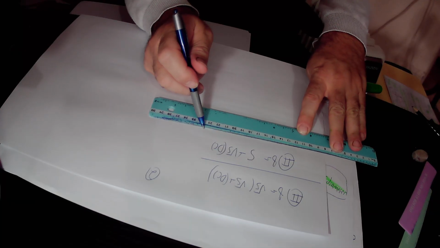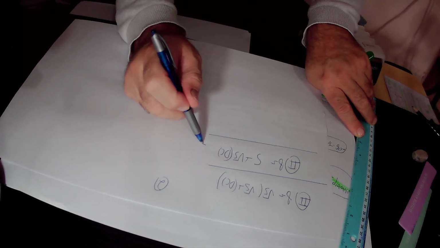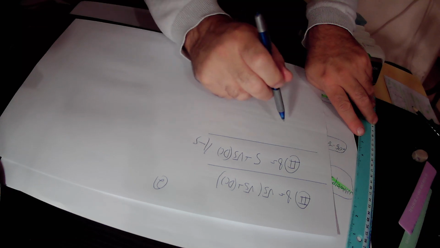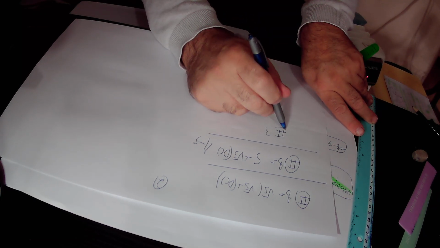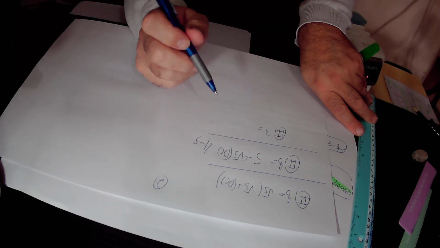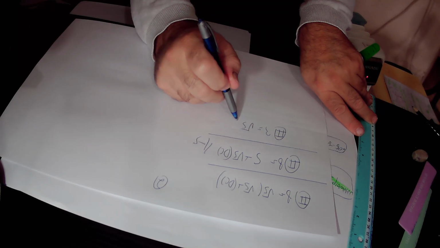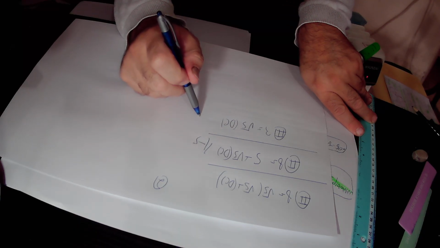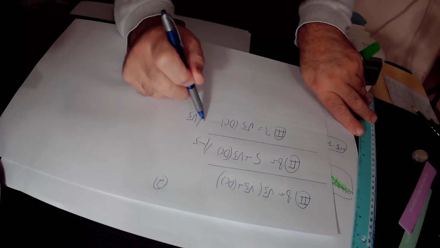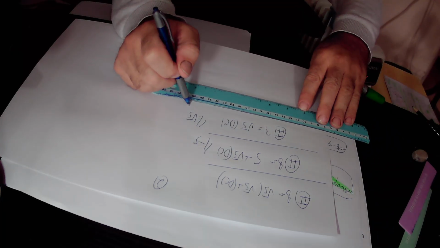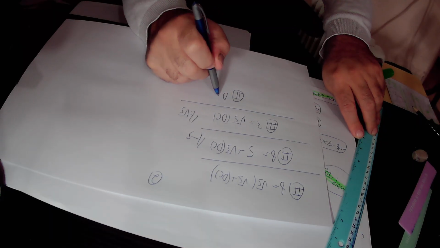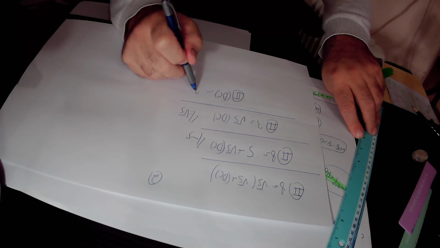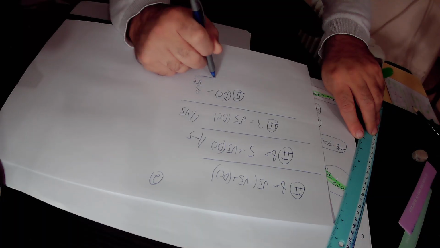Here we will subtract 5 from both sides, and finally we get 8 minus 5 is 3, equals the square root of 5 times DC. Here we will divide by the square root of 5, and finally DC equals 3 over the square root of 5 units in its length.